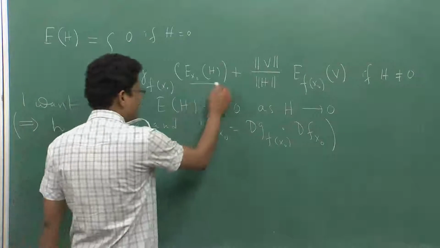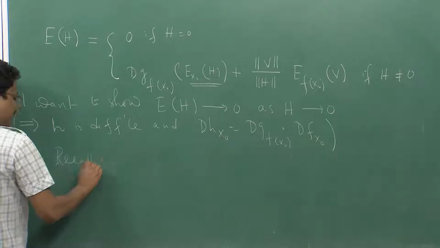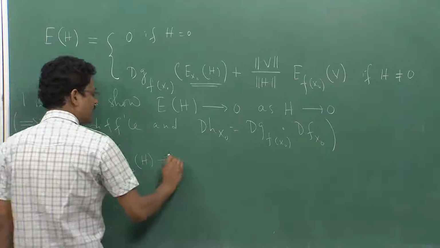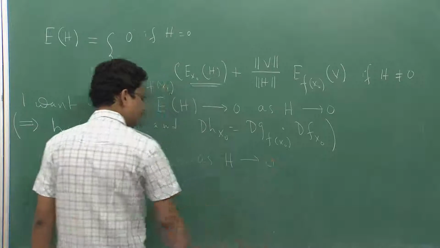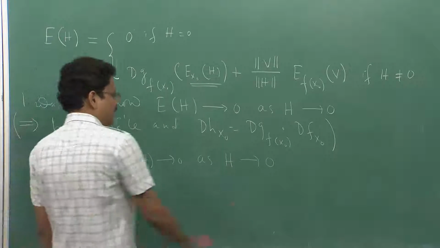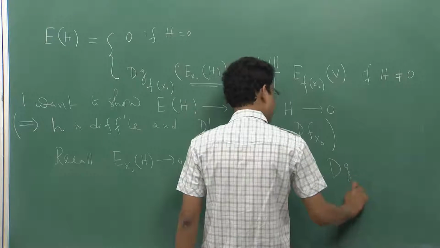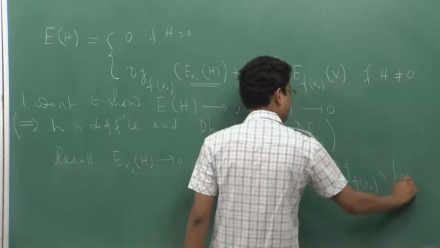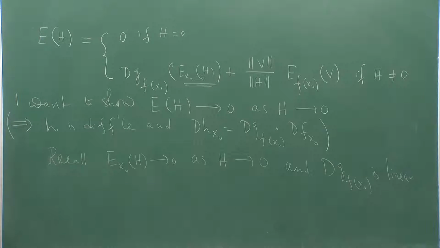Now, what was E x naught h? Recall, E x naught h goes to 0 as h goes to 0. Look back at your notes at the definition of V, and d g at f x naught is a linear operator. For any linear operator, if a vector goes to 0, then its image goes to 0.